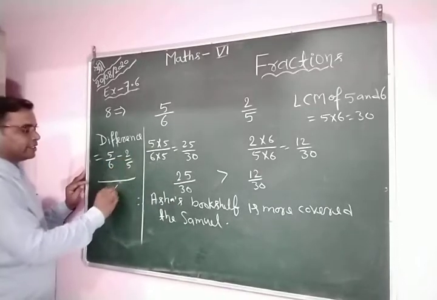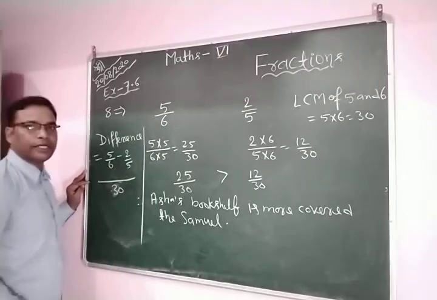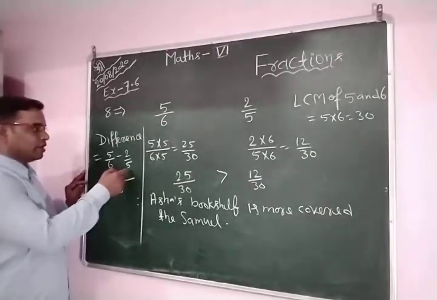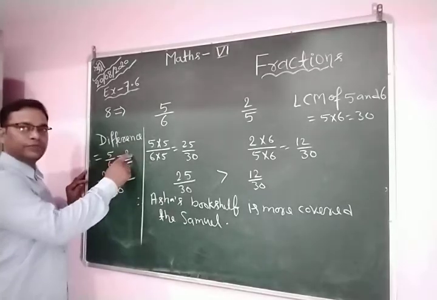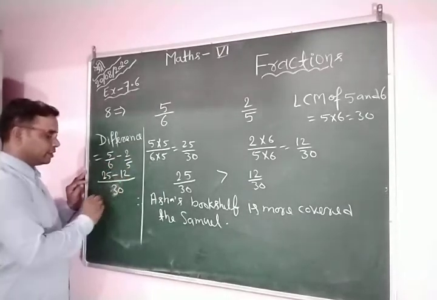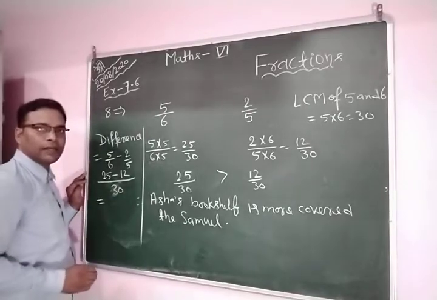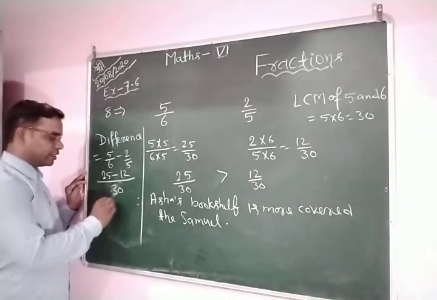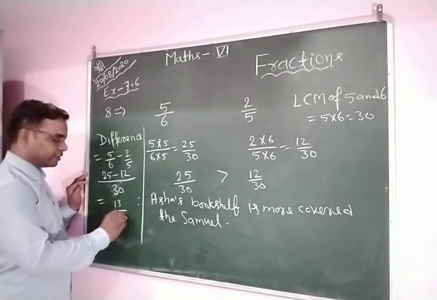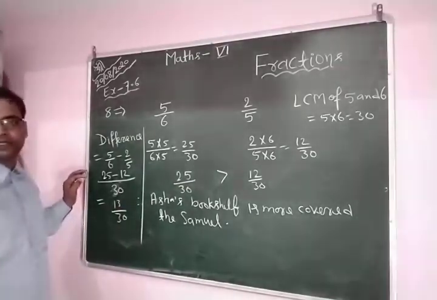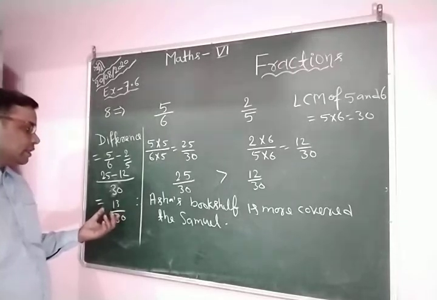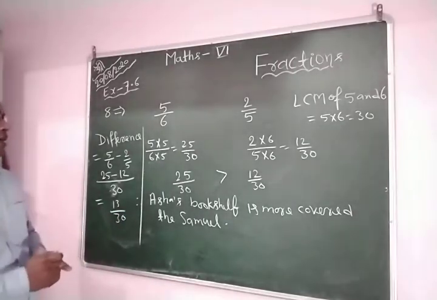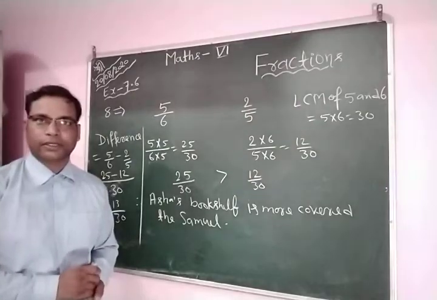The LCM is 30. So their difference is 5 fives are 25 minus 6 twos are 12. So 25 minus 12 is equal to 13, 13 by 30. This is the difference. By what fraction? So 13 by 30 is the required fraction.